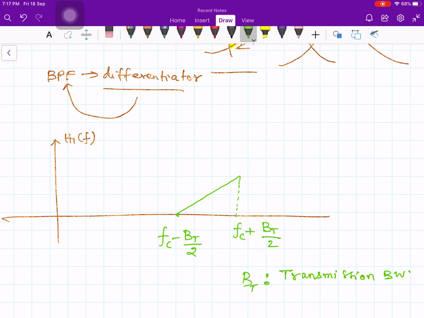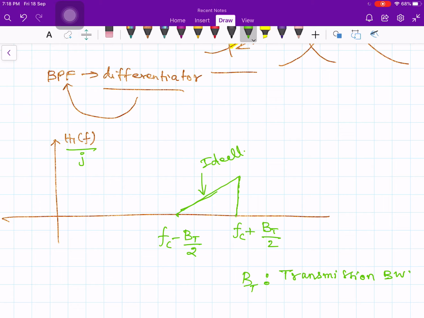Ideally, we wanted filter characteristics like this, the ideal characteristics. So let me call it H1 of f divided by j. From a single slope detector, this is the kind of thing that I want.